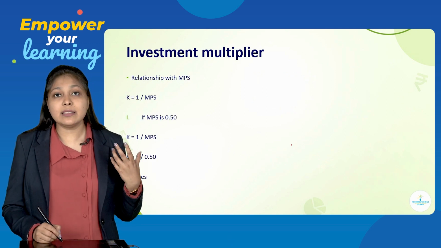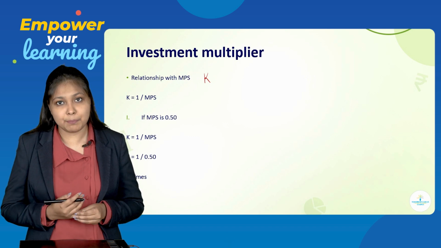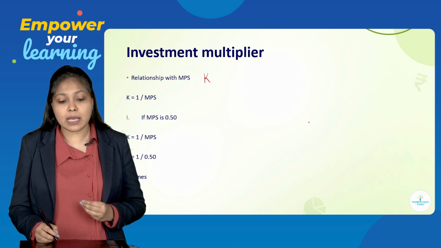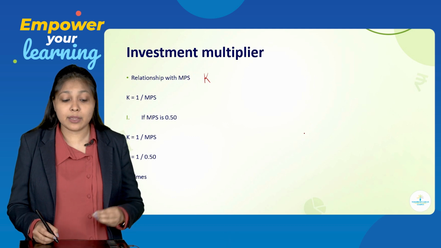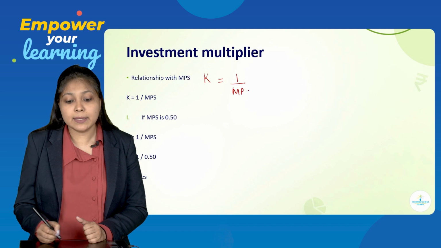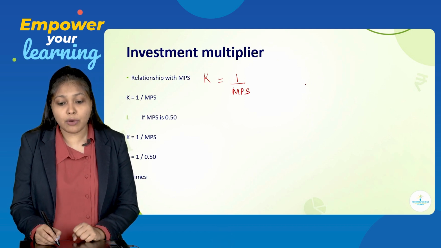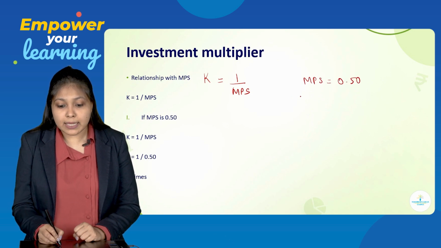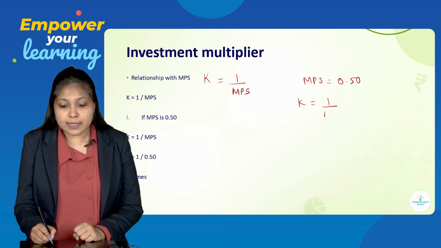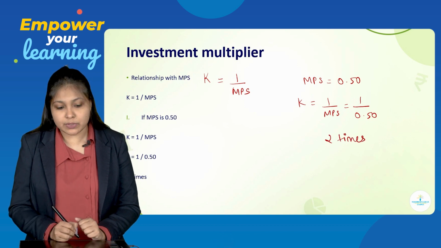Now let us understand the relationship of the multiplier with MPS. Another formula of the investment multiplier, K, is equal to 1 upon MPS. So if I consider the value of MPS as 0.50, K is equal to 1 upon MPS, that means 1 upon 0.50, I get the value of K as 2 times.